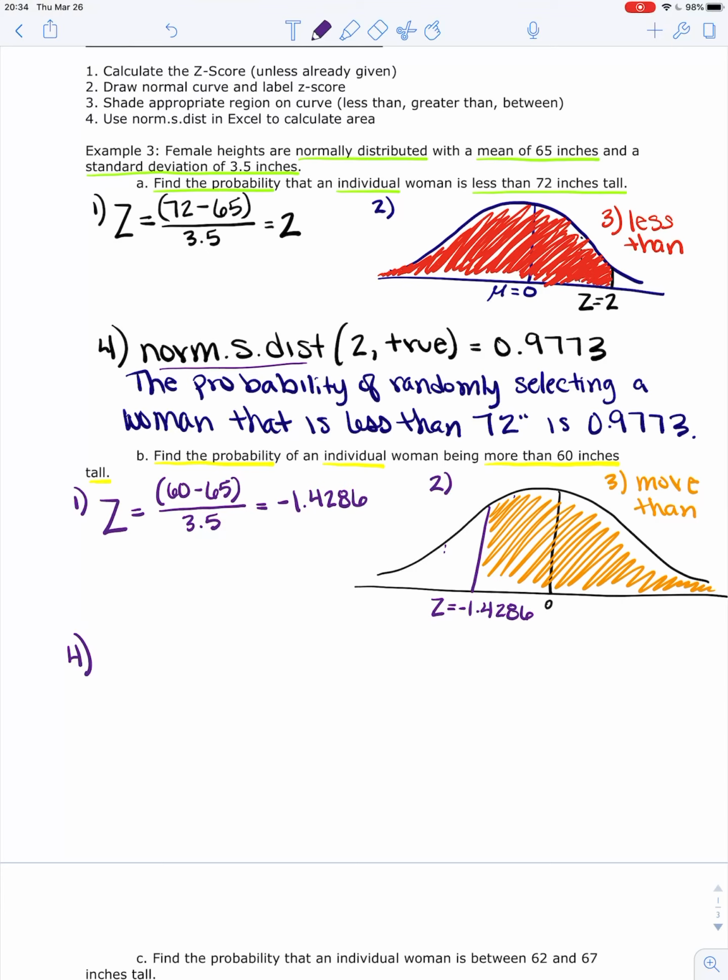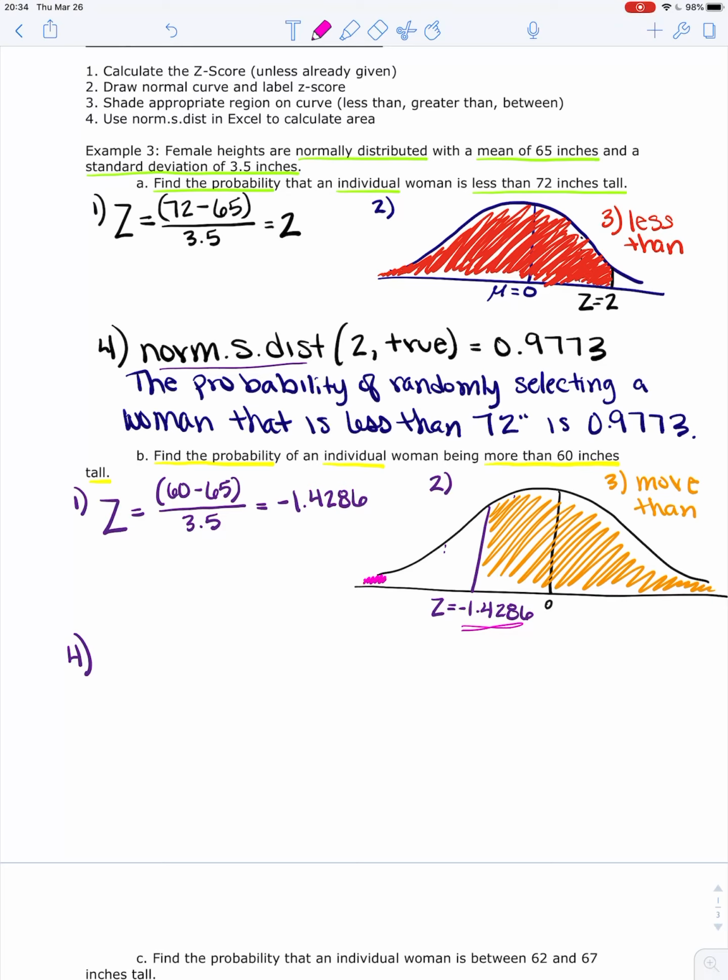Excel is always going to assume that you want the probability of being less than the z-score you give it. So if we want to find the probability of being more than some value, we are going to have to use the complement rule.